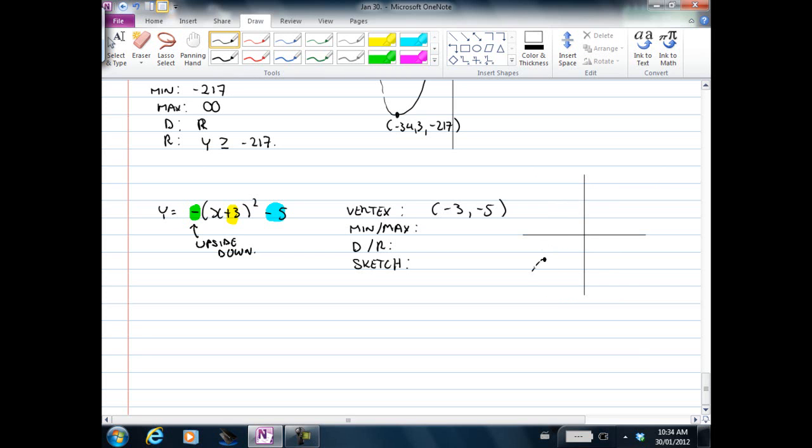We'll call it here. There's my parabola. My min will be -infinity. Max will be -5. Domain, all reals. Range, y is less than or equal to -5.